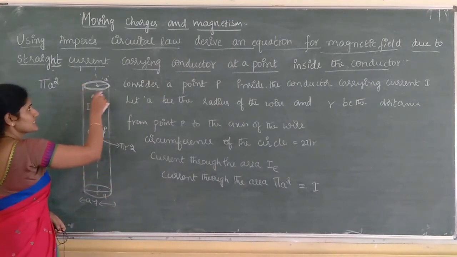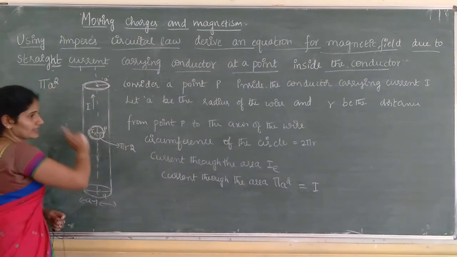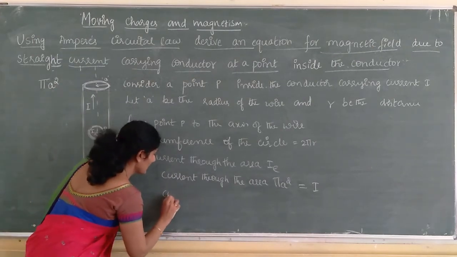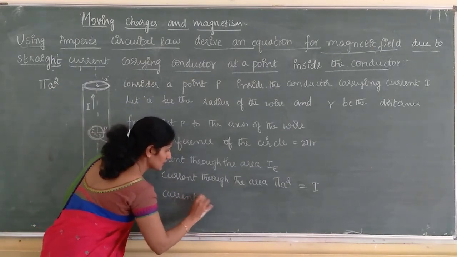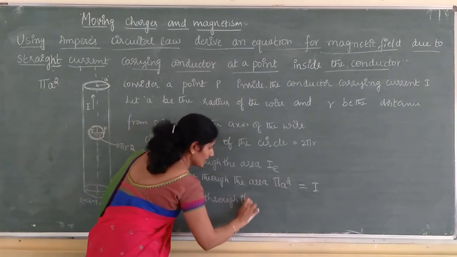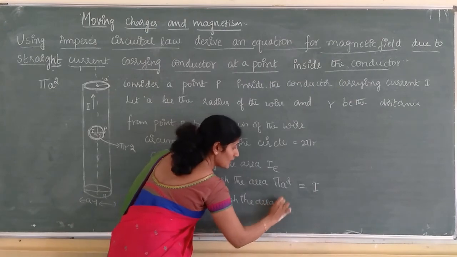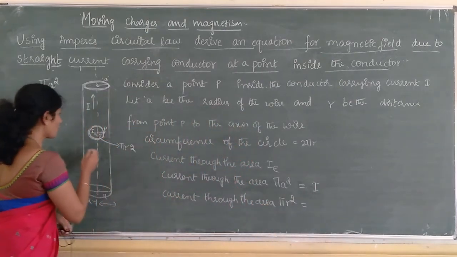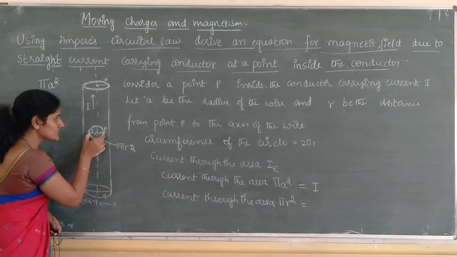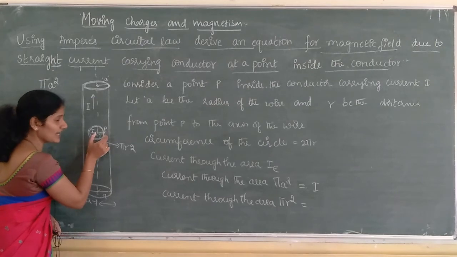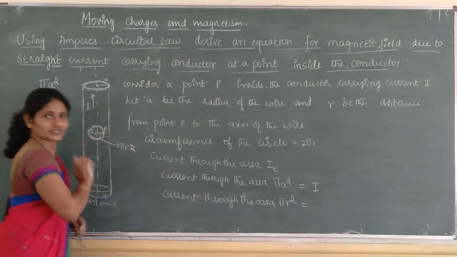The current flowing through this area, pi a square, is I. The current through the area pi r square is equal to, what is the current through this area? It is IE.